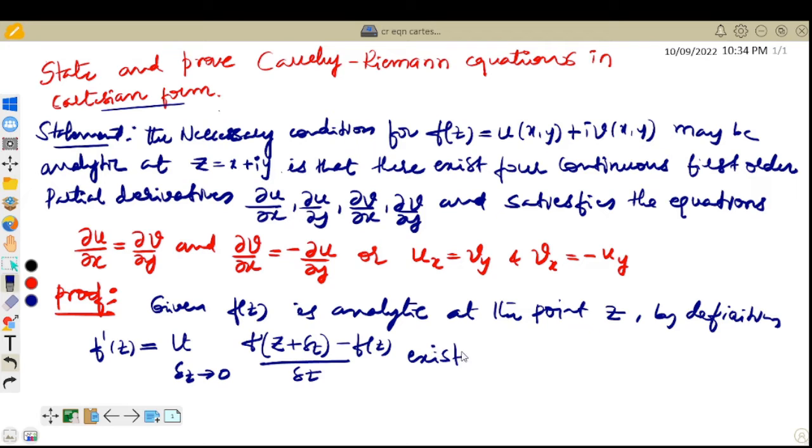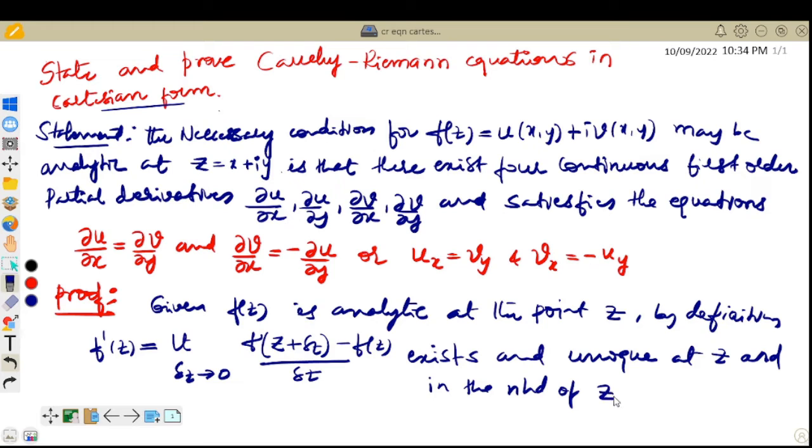This limit exists and it should be unique at the point z and in the neighborhood of z. Okay, fine.